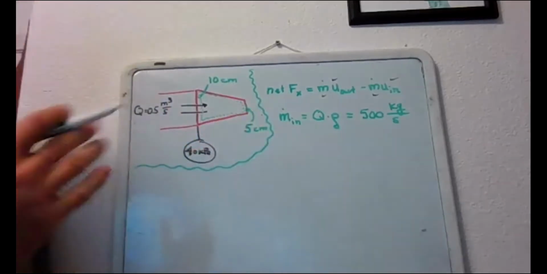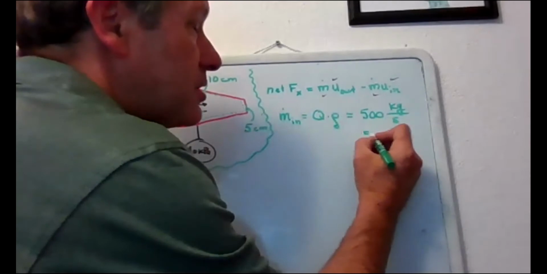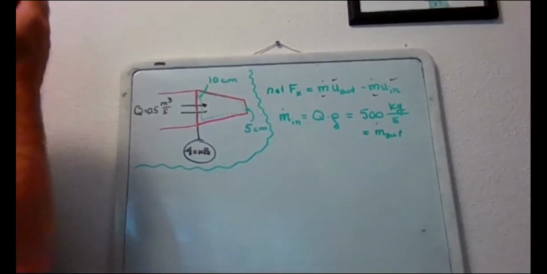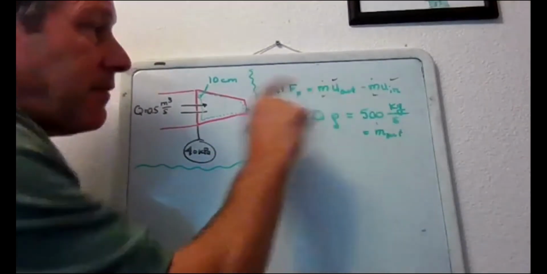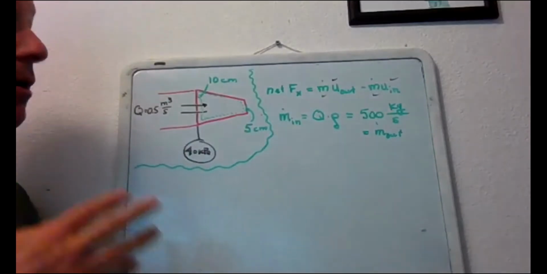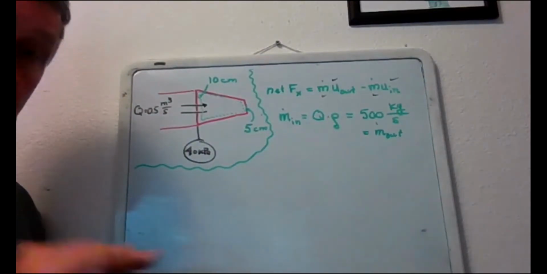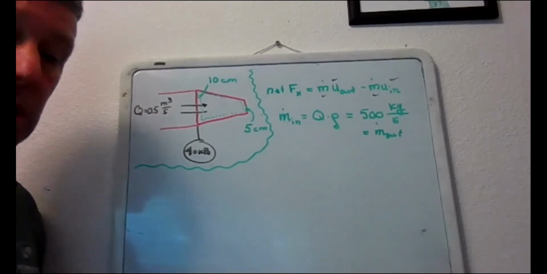And for steady state, mass flow in is equal to mass flow out. So this is also equal to m dot out, okay? So I have 2 out of 4. I've got m dot in and I've got m dot out. Now I have to figure out u in and u out. U is essentially just horizontal speed. So see if you can figure out an equation to work out that.